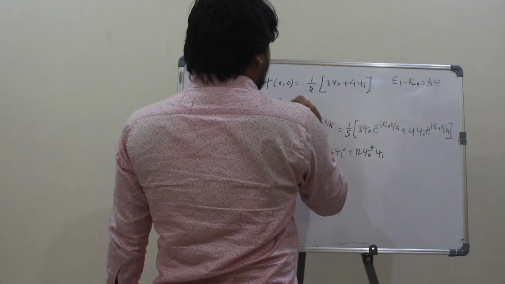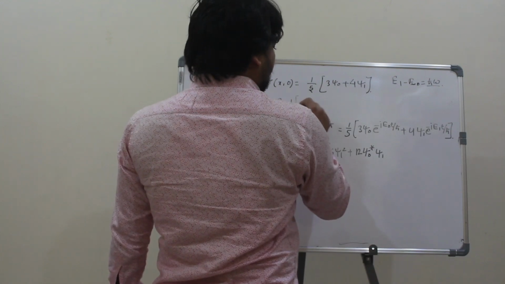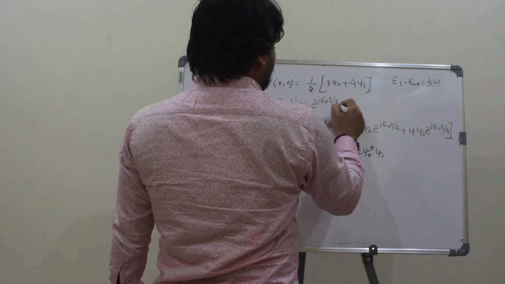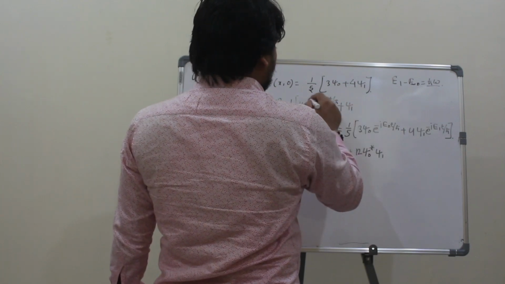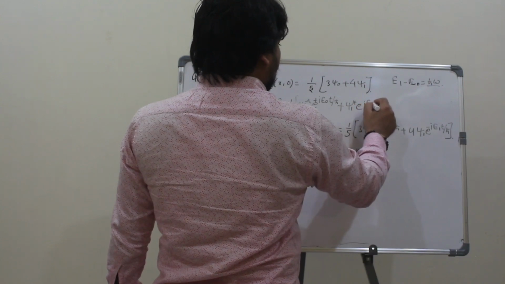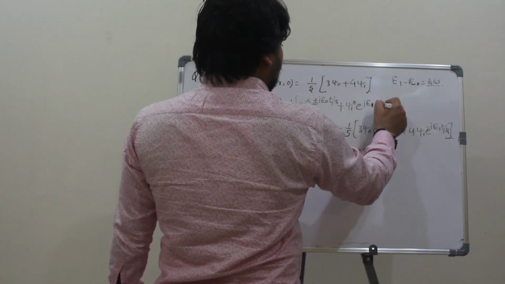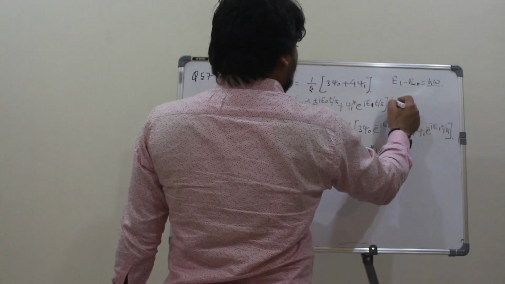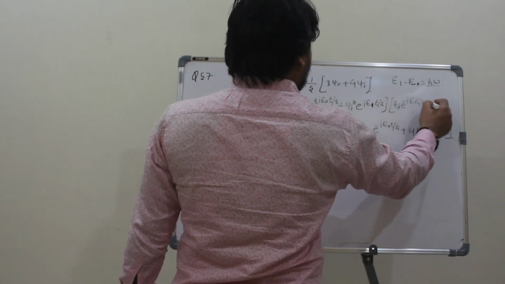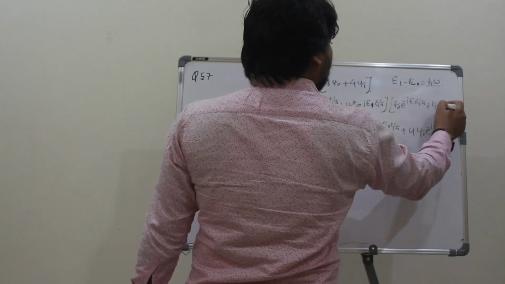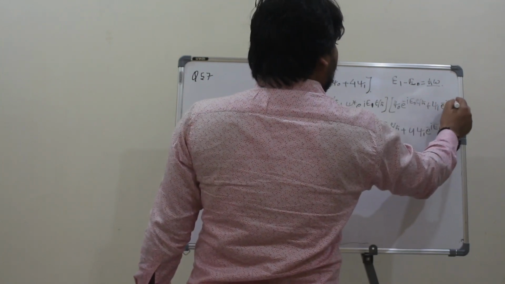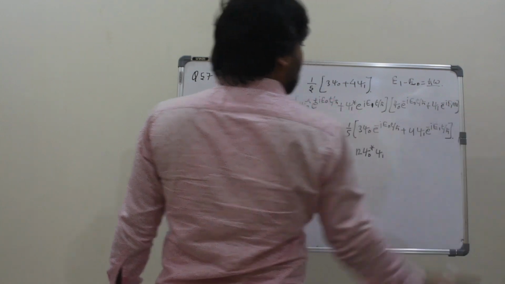You can keep it here: 1 by 25, psi naught e to the power minus i E naught t divided by h bar plus psi 1 complex conjugate becoming positive i E1 t divided by h bar, and then psi naught e to the power minus i E1 t divided by h bar.